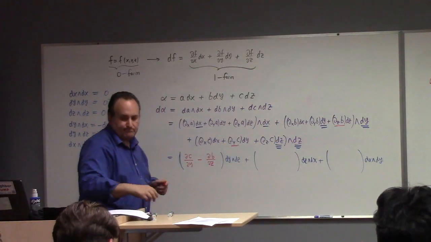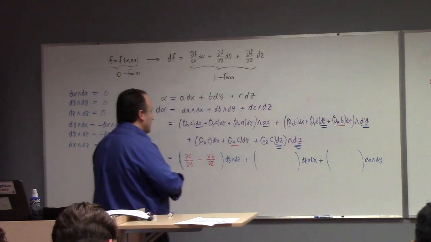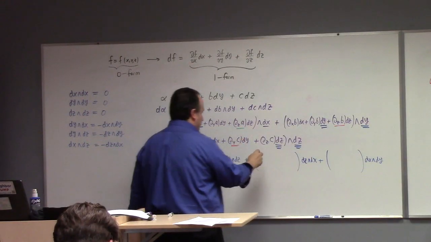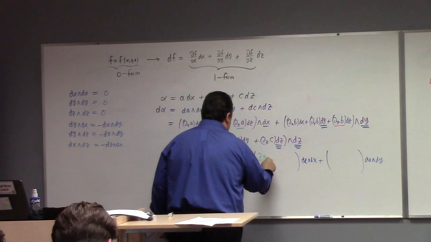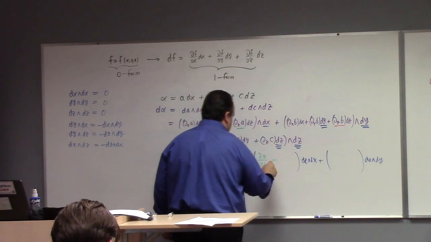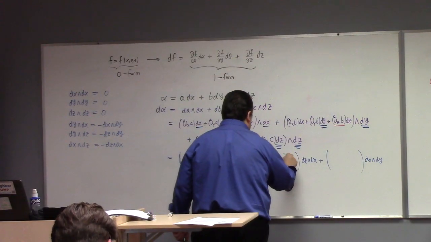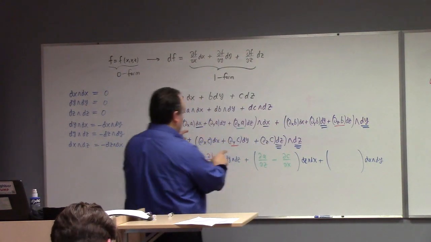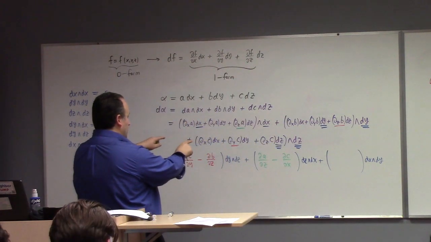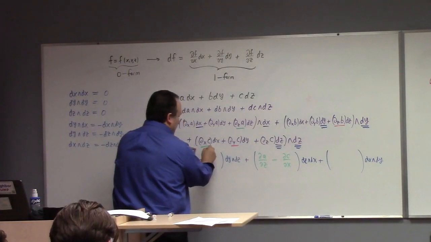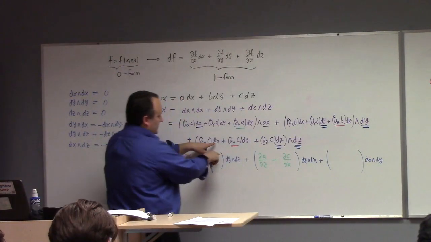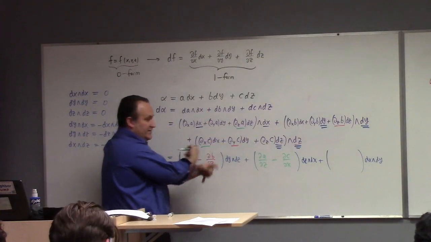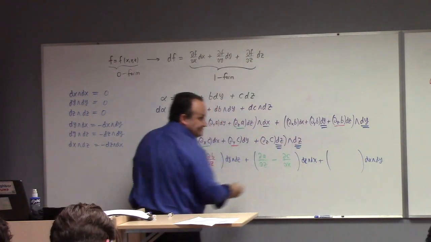Next up, with dz wedge dx, I've got this one. So I've got partial a partial z minus, I believe it's partial c partial x. Where's that one? See this right here? Why is there a minus? Do you guys understand? Because dx wedge dz, I have to switch them around, and in so doing, I put the minus here.